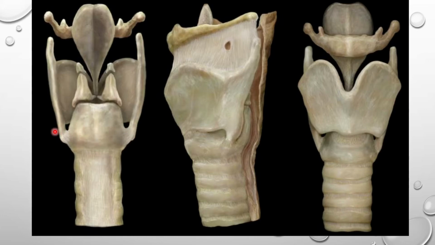The next singular cartilage is the epiglottis. Here we can see it's a leaf-shaped cartilage, and it's a hugely important cartilage. We can see it from the back side there. We can see it laterally just poking up above.